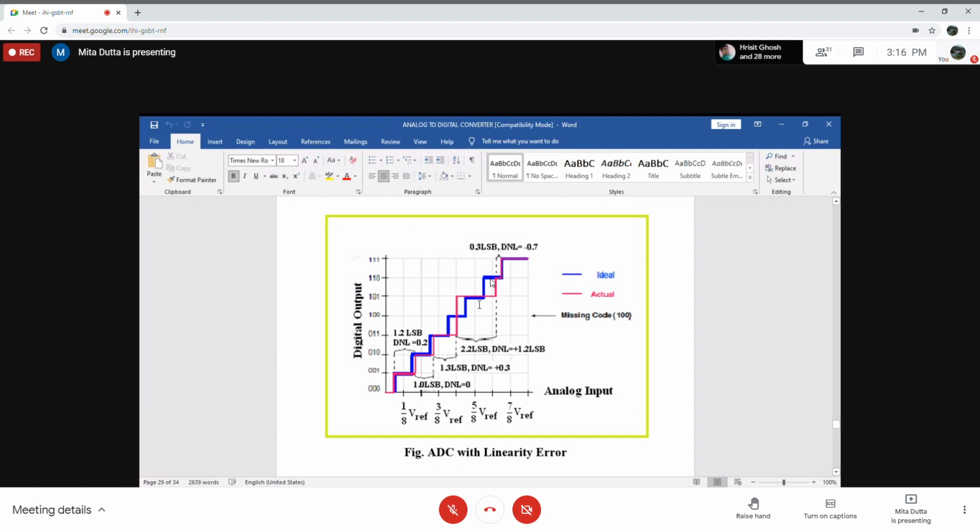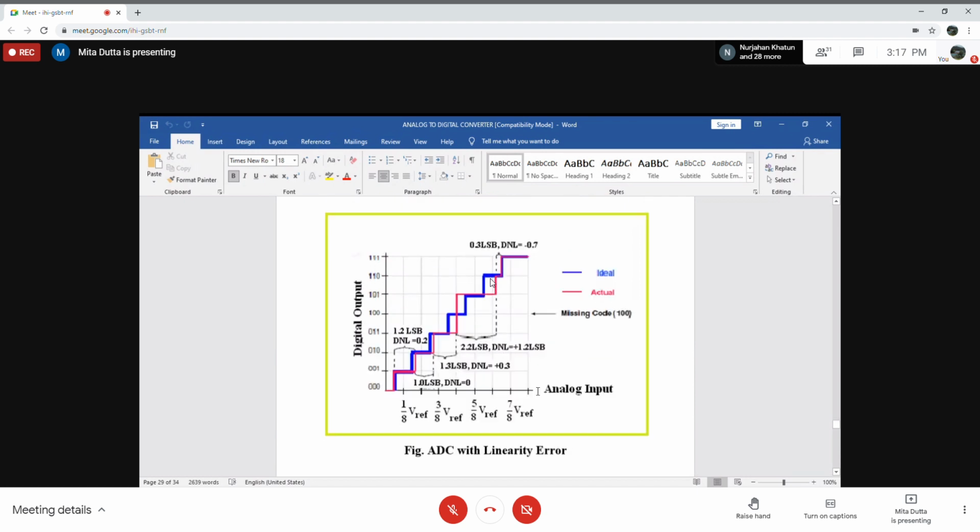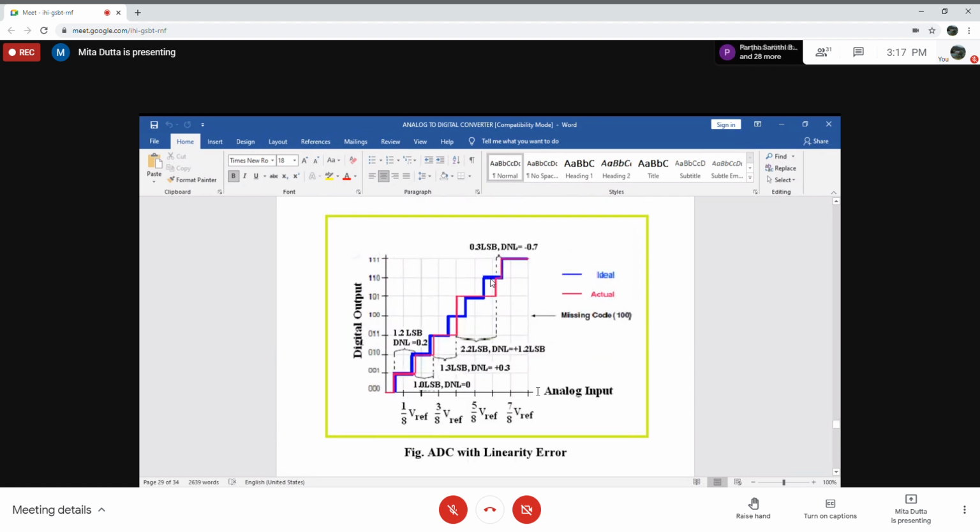If the error is more than that, then we will get a missing code from the A to D converter, and this is due to the non-linearity in the resistor values used in the ADC, and the ADC has a DAC, so it is the non-linearity of the resistor values upon which the DAC is being made. And so the differential non-linearity is clear to all of you.